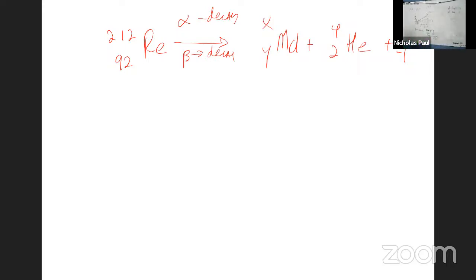Remember, you have to make sure that the mass number of the reactant is the same as the sum of all the mass numbers in the product.